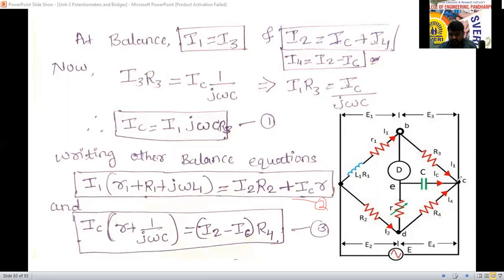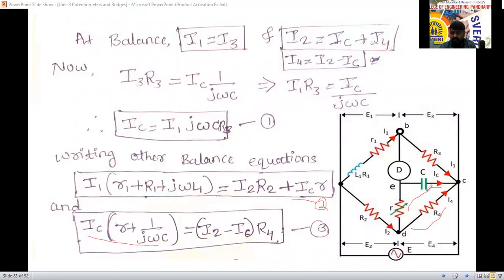This C to D, this R and this C R both are connected in series; I explained at the start. So whatever the potential drop across C and D we are considering, it equals IC into (R plus 1 by j omega C), equal to I4 R4. You can write like this.